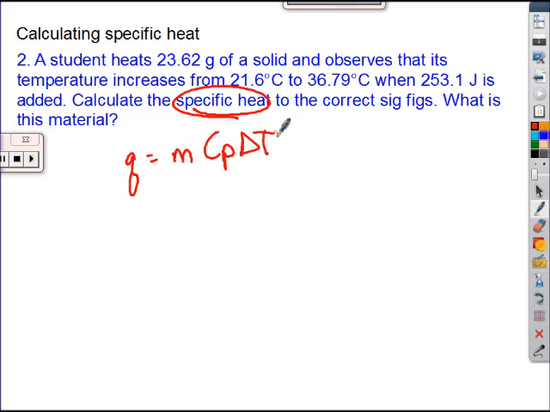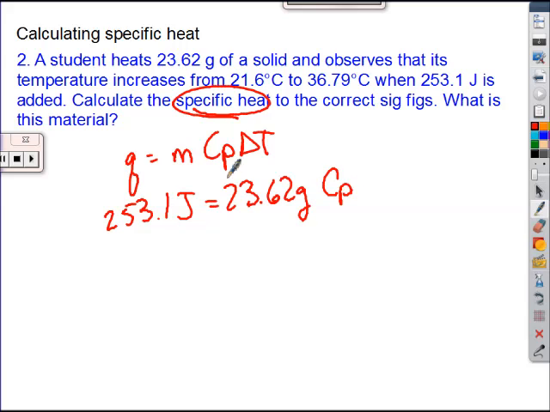Okay, so first off, I need to look at my Q. Can I find Q somewhere? 253.1 joules. Okay, mass? 23.62 grams. Okay, Cp is what I'm trying to solve for, so I'm going to leave it this way. And then my temperature change, again, 36.79 minus 21.6.